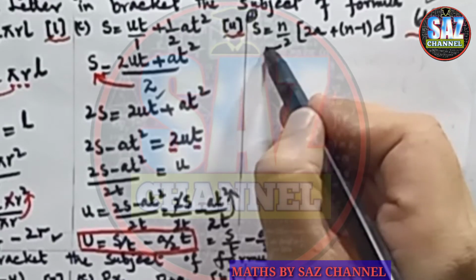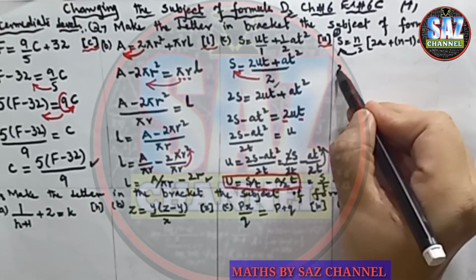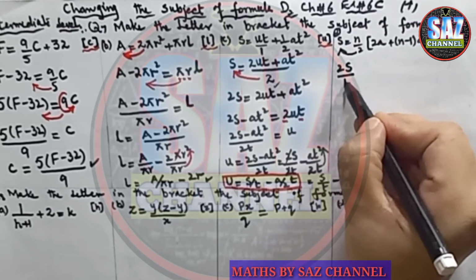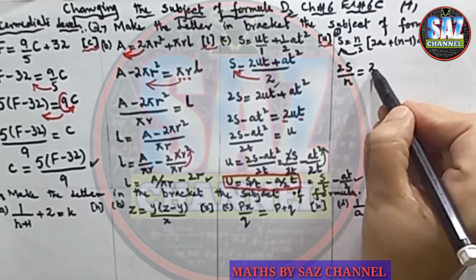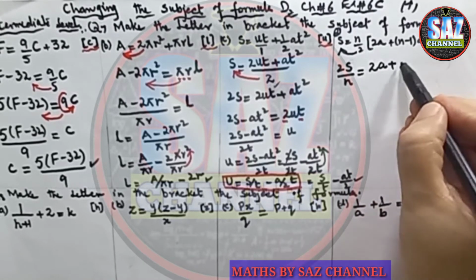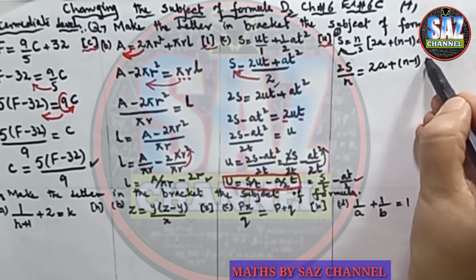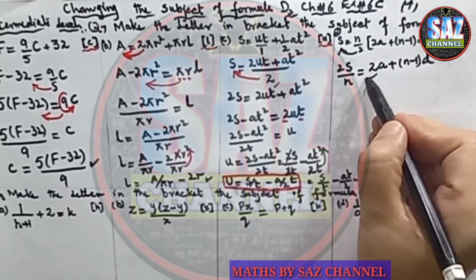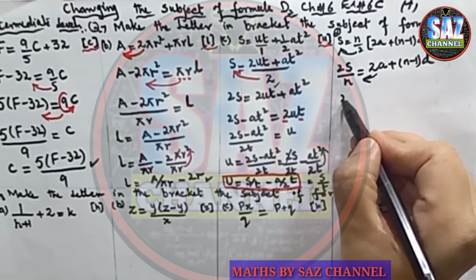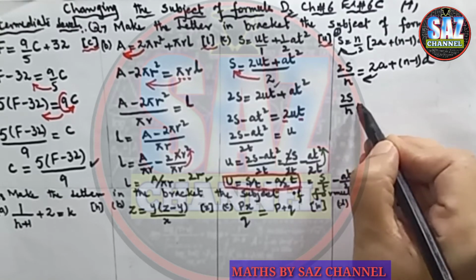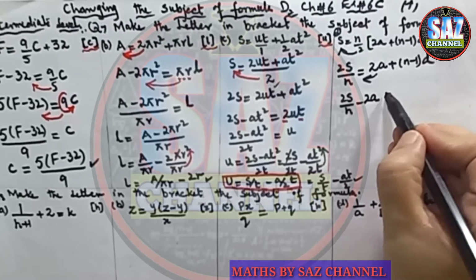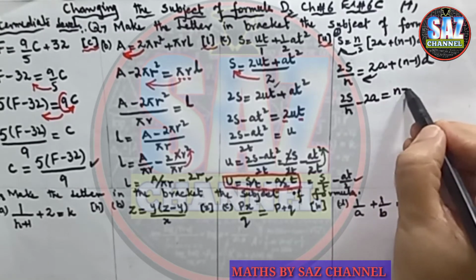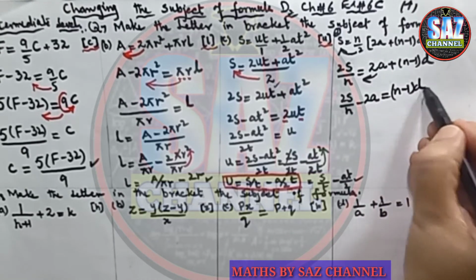The equation will take the form 2s upon n equal to 2a plus n minus 1 into d. Okay, now again shift 2a to the other side because that is an extra term. 2s upon n minus 2a equal to n minus 1 into d.